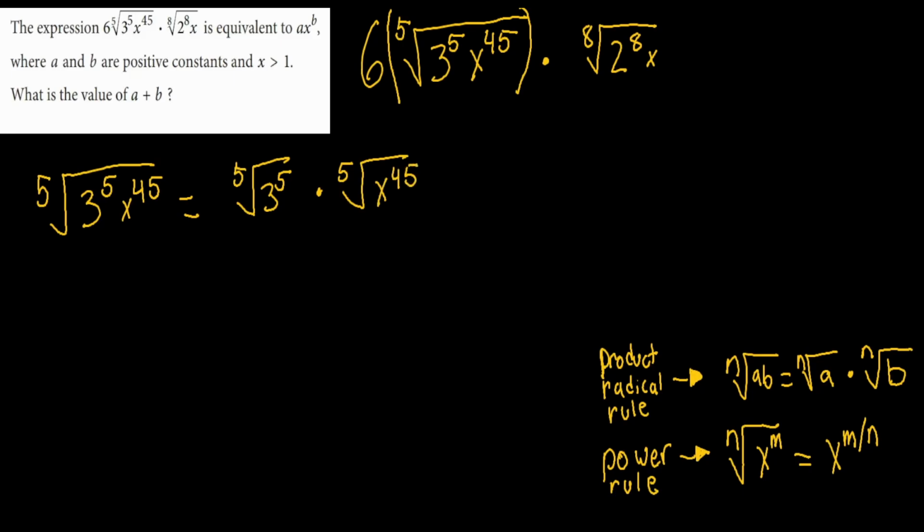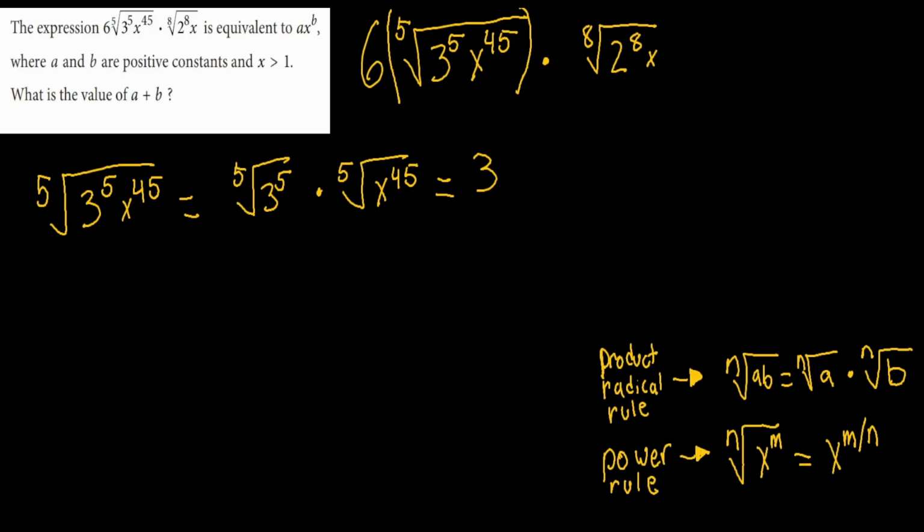Okay? And as you probably know, if you have the fifth root of the fifth power, then using the power rule, it just becomes the product that you have inside.